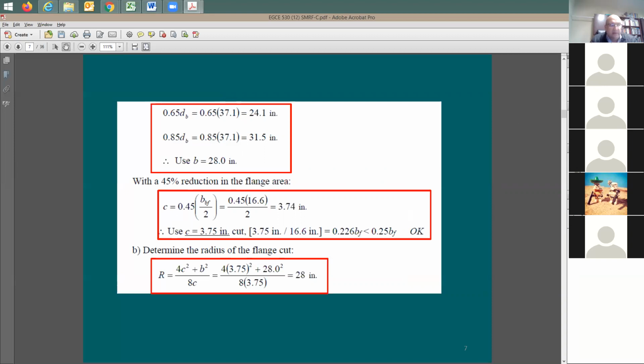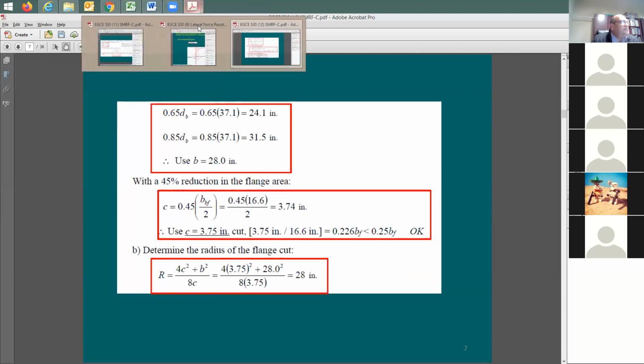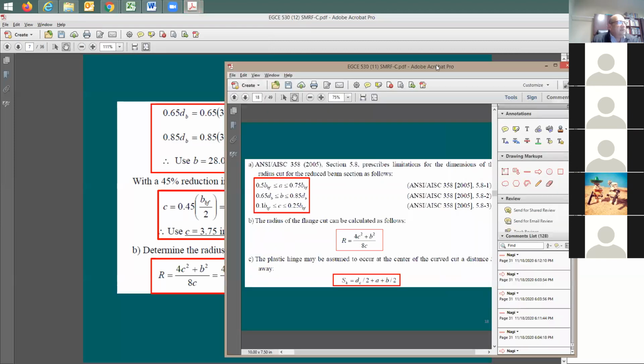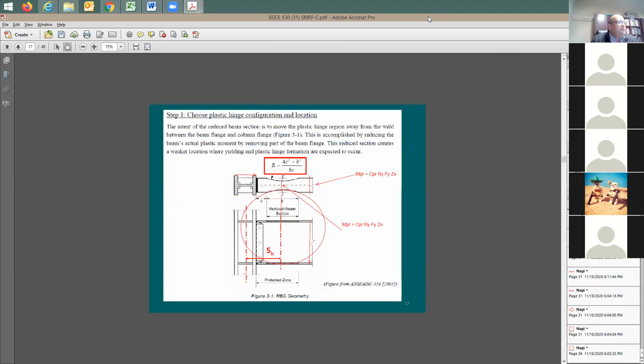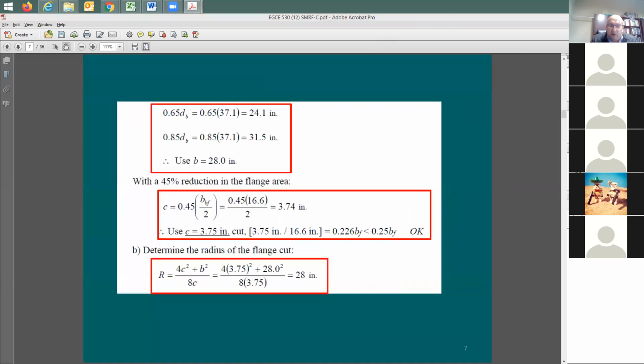They have a target here, and their target is a reduction of 45% in flange area. That was the target. Now, where is this coming from? You don't want to really go beyond 45%. You'd like to keep it roughly about 45%.